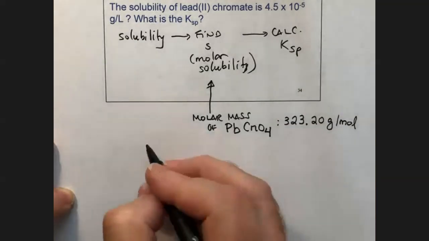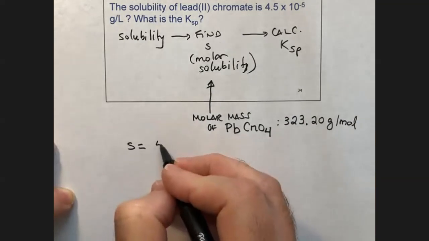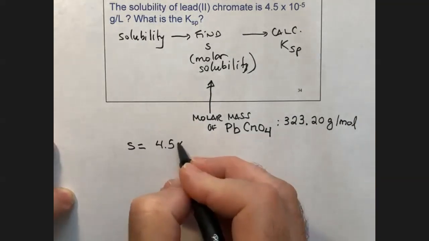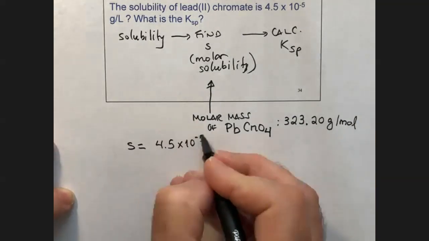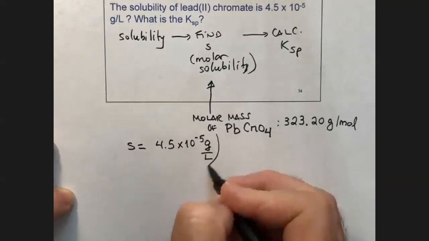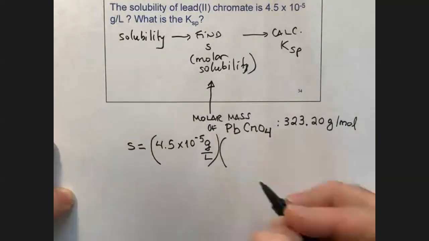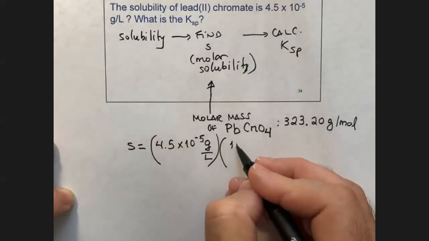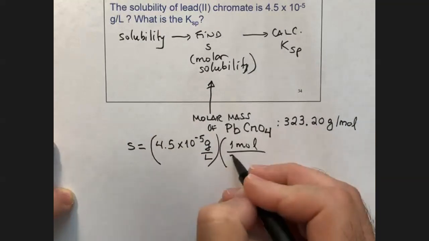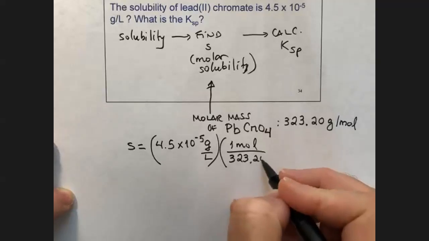And so that means that S, the molar solubility, would be 4.5 times 10 to the minus 5 grams per liter, and you have over here that 1 mole is 323.20 grams.